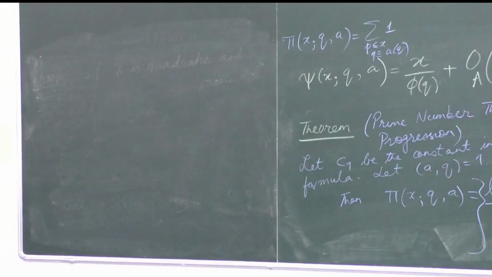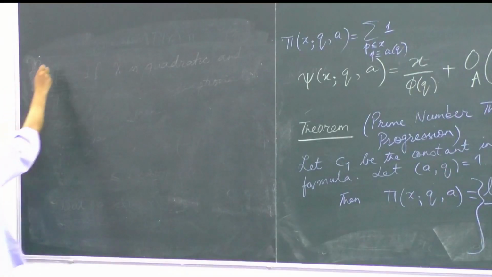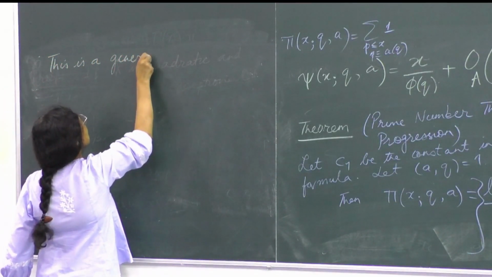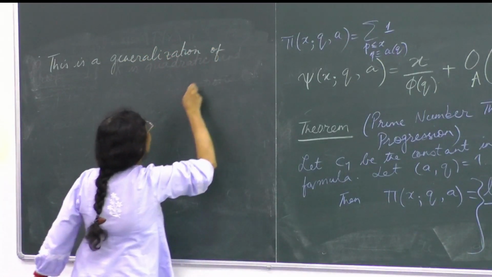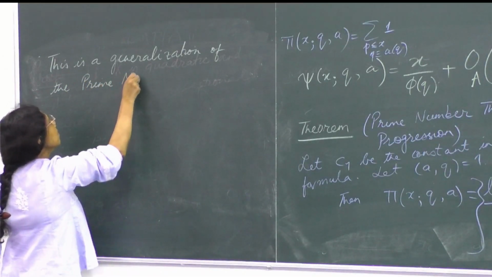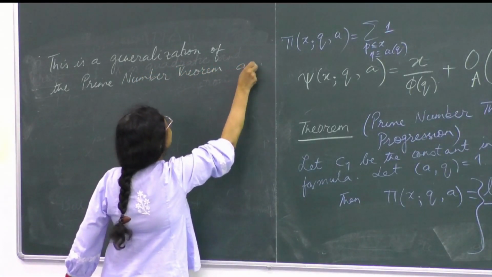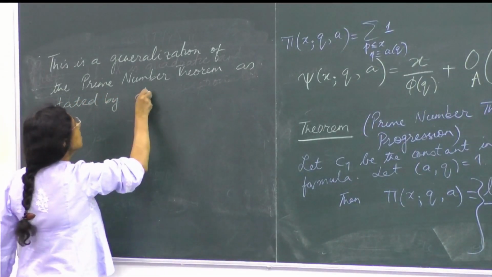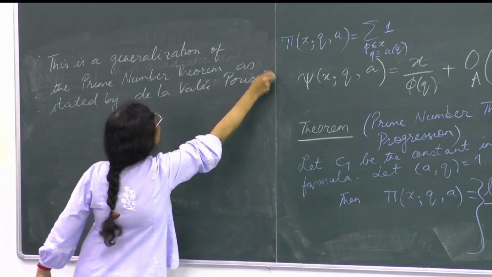So this is a generalization of the prime number theorem as stated by de la Vallée-Poussin.